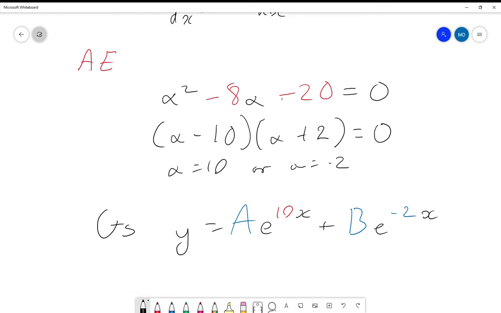And there you go. You can solve these as quickly as that, so long as they are of the form some amount of d2y by dx squared plus some amount of dy by dx plus some amount of y equal to 0.